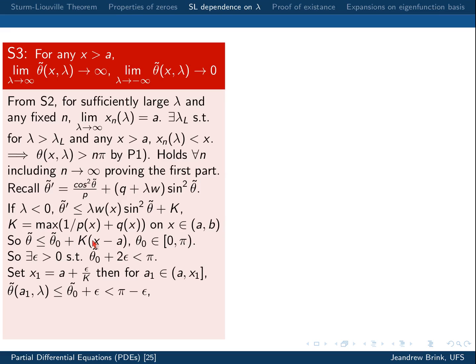But we know that this x minus a, if we've chosen x1 to be in this region, is always less than epsilon over k, and we've multiplied by k, so it's plus epsilon. So that's where the first part comes from. But we can then apply it again because of the way we've chosen epsilon, so we know theta 0 tilde plus epsilon is less than pi minus epsilon. So in this little space, from a to x1, which may be very, very tiny, we've got room where we know that theta of x lambda never crosses the line theta equals pi.